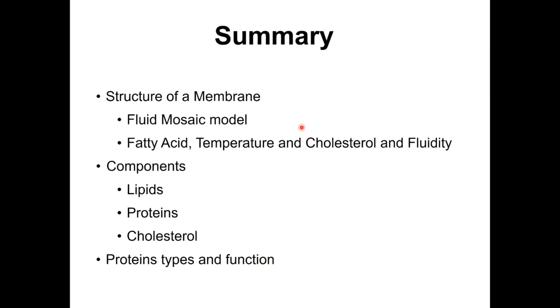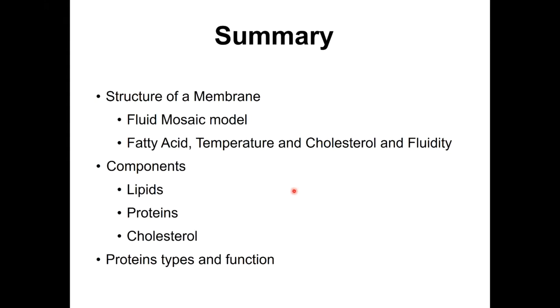In summary, finishing up this lecture, what did we talk about here? We talked about the structure of the cell membrane. First, we focused on the fluid mosaic model, discussing how membranes are fluid, and how phospholipids can move around in the cell membrane, making it fluid. Then we talked about the asymmetry between the phospholipid bilayers as well.